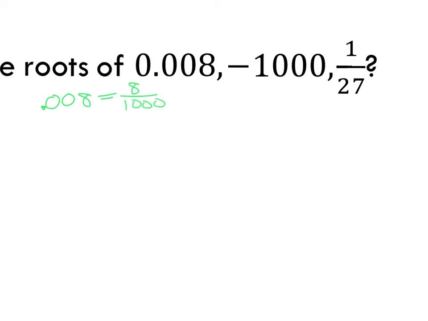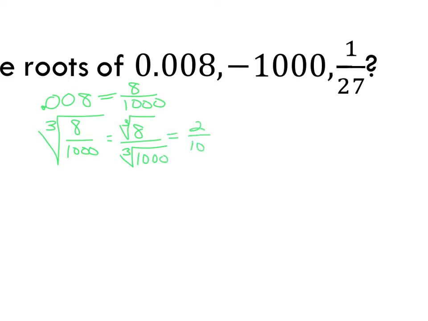And when we cube root 8 over 1,000, it's like we're doing the cube root of 8 over the cube root of 1,000, which is 2 over 10. And we would change it back to decimal because we were given originally a decimal, 0.2, and that's it.